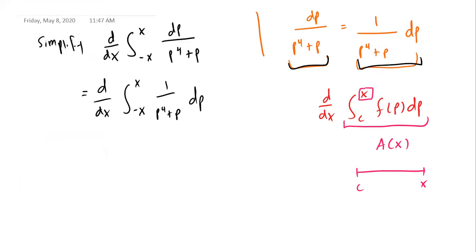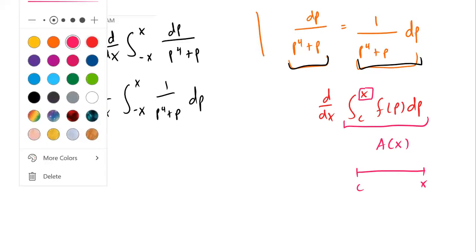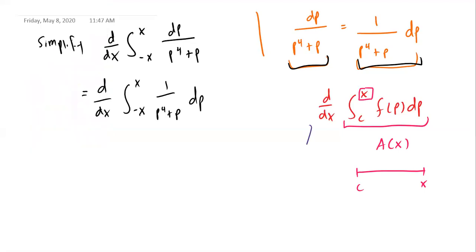By the fundamental theorem of calculus part 1, as long as your function is continuous on this interval, so as long as f of p is continuous on the interval c to x, then it's easy to evaluate this because you just change the p's with x's. So all this thing here would simplify to just f of x. That would be if you had a constant on the bottom and just x on the top.